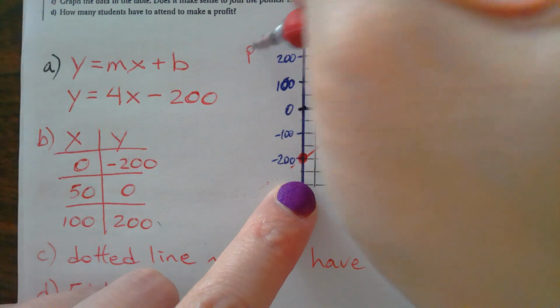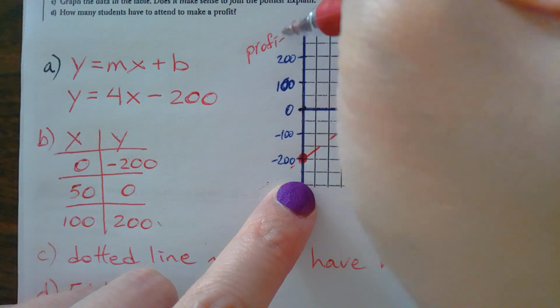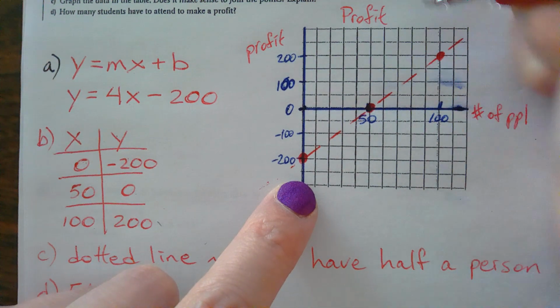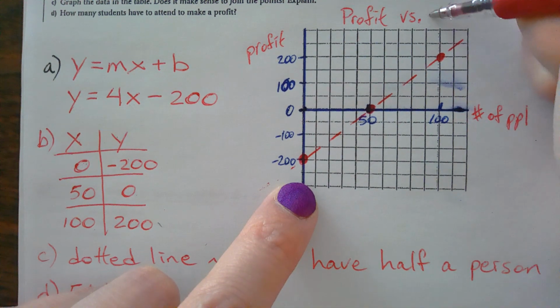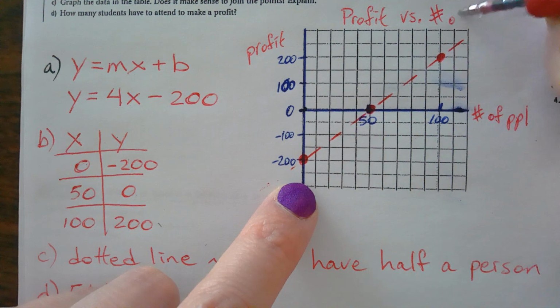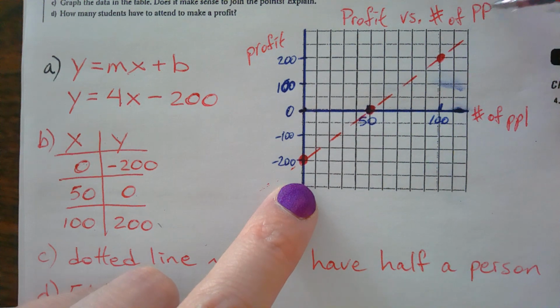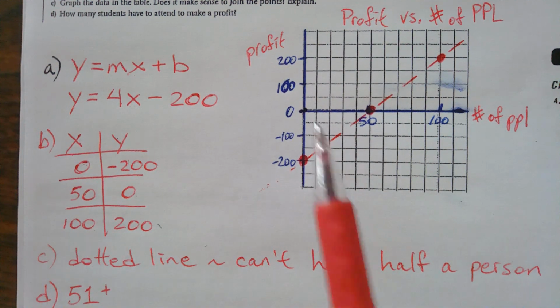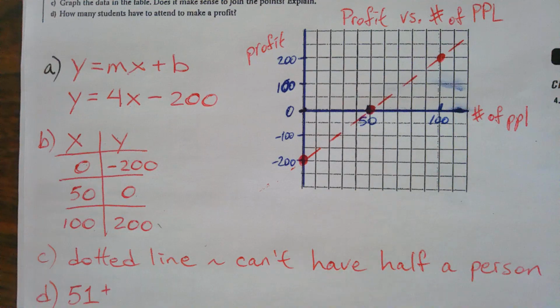Profit. Good. And so the title of my graph is? Perfect. Profit versus number of people attending. Okay, now I have all 3 titles. I have a nice scale for my graph, and I have my line.